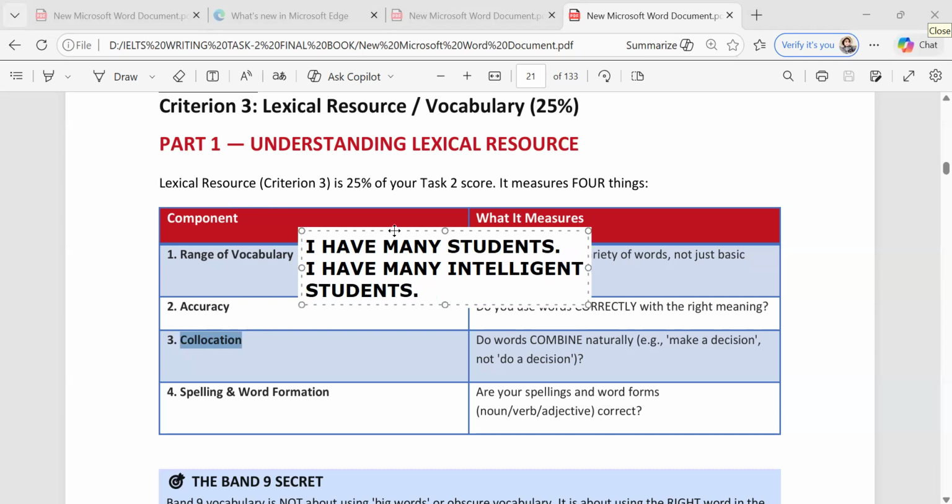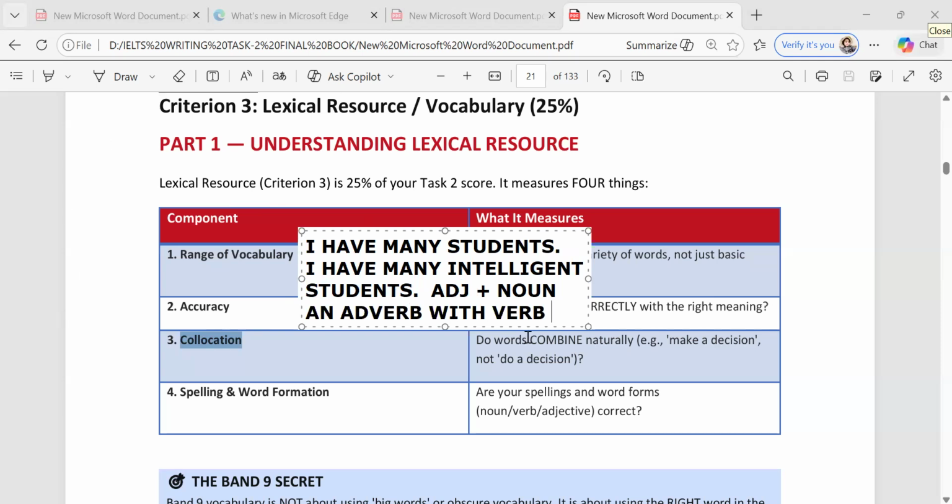Now look at this two-word collocation, not only students, but intelligent students. So I suggest you always try to use an adjective with a noun, and try to use an adverb with a verb. Use at least two or three words collocation, okay?